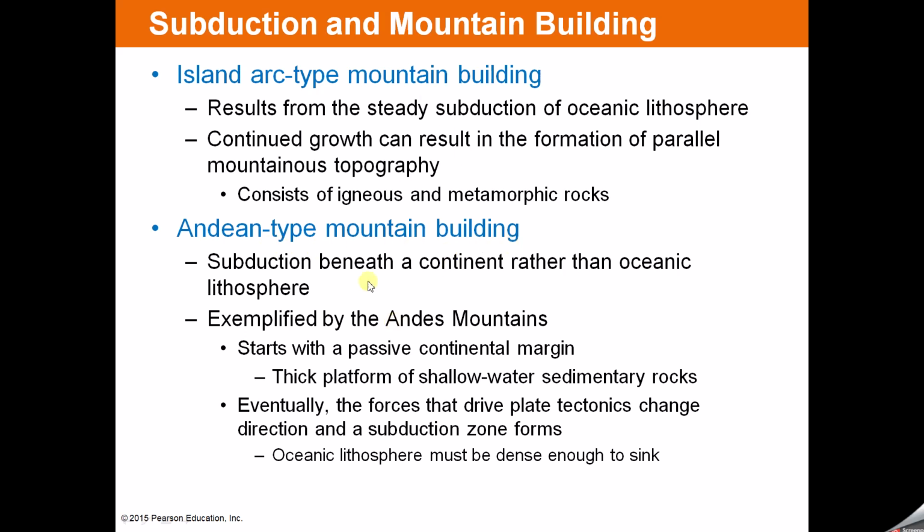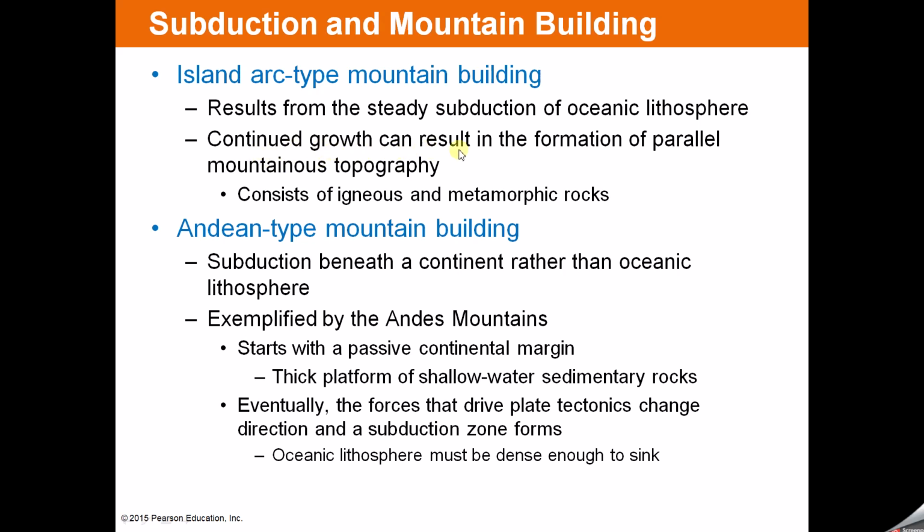We'll read them, but when we look at the pictures and figures, it will be way easier to understand them. Island arc type mountains result from the steady subduction of oceanic lithosphere. All of these models involve subduction, but they are different models.